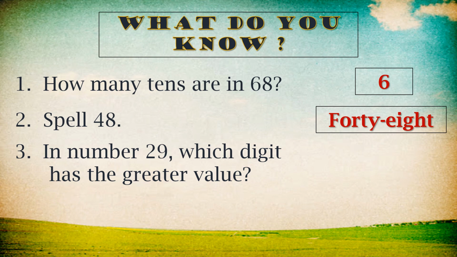Alright, kids, do you know the answer now? The answer is 2. 2 is bigger. Why? Because 2 is equal to 20. 20 is bigger than 9. So 2 has the greater value because it's tens. 2 tens. So 2 is bigger or has the greater value.